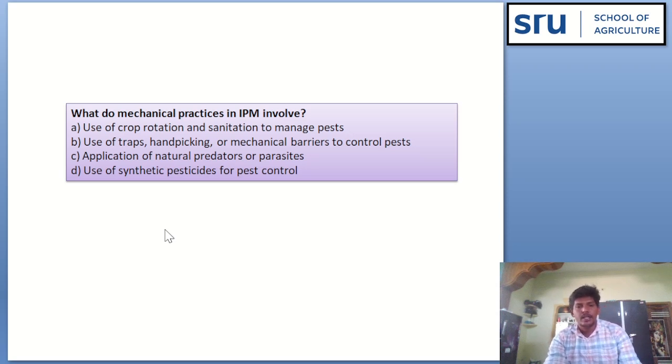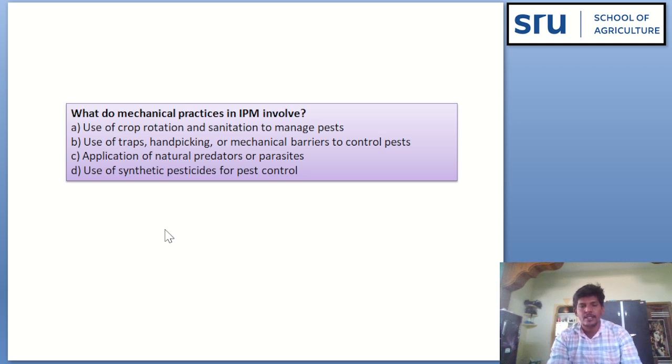What do mechanical practices in IPM involve? Use of crop rotation and sanitation to manage pest. Use of traps, hand picking, or mechanical barriers to control pests.